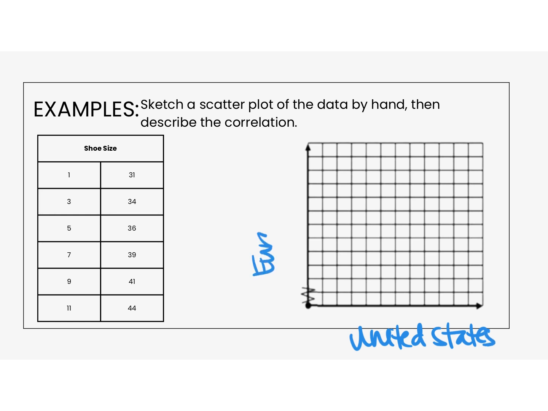So we're going to label our two axes as United States and European, and then we're just going to graph our points. So I'm going to label my sides there, and then let's start at 30 here. And if we go up by 2s, that will get us to 40.